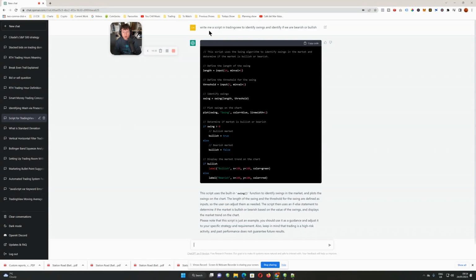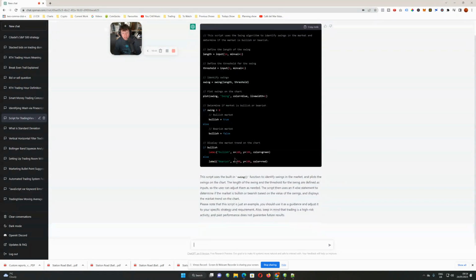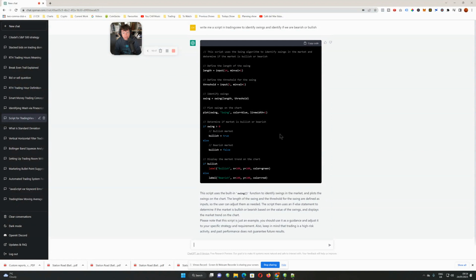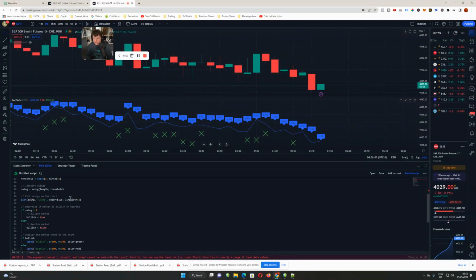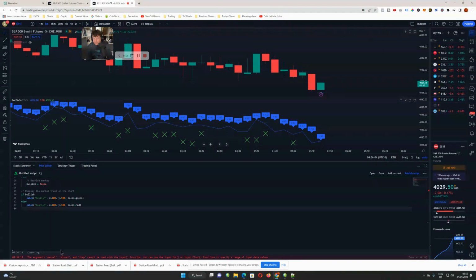Now, here we go. Write me a TradingView script to identify swings and identify if they're bearish or bullish. Obviously, what we're trying to do here is identify whether the market is bearish or bullish. So let's see, by cutting and copying that across to TradingView, what actually happened. I cut and copied it just as is, compiled it, and we did get some errors.